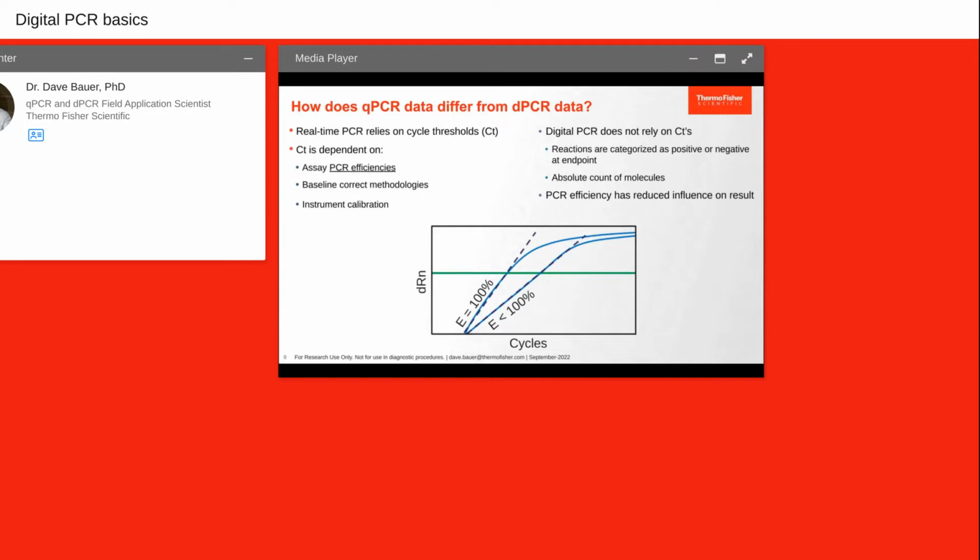That plot on the graph is showing if we had a sample where the efficiency was at 100%, that line would cross the threshold at a certain place, giving us a certain CT value. But if that same sample or that same concentration was in the presence of inhibitors, that line instead might be less steep, and that's going to impact the CT value. That's where real-time PCR is very vulnerable to inhibitors for this reason.